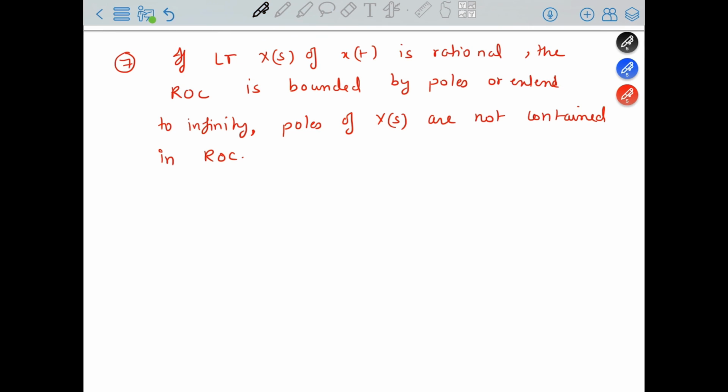So the last property is property number 8, and this is quite important.